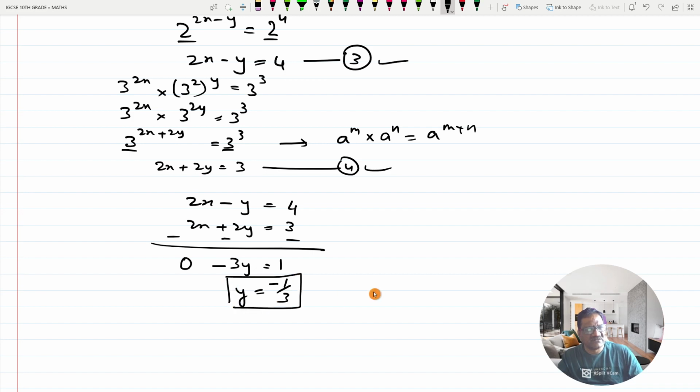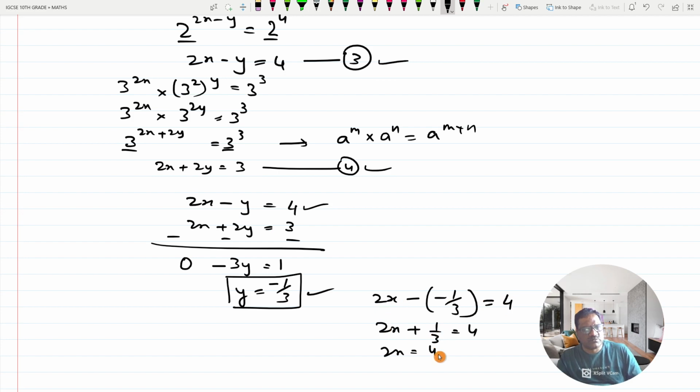Now this value of y I'm going to substitute in this equation. So 2x minus minus 1 by 3. Now this minus 1 by 3 I have placed in place of y, isn't it? Equal to 4. So 2x plus 1 by 3 equal to 4. So 2x equal to 4 minus 1 by 3, which is equal to 4 3s are 12 minus 1 is 11 upon 3.